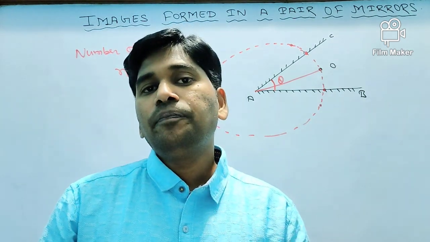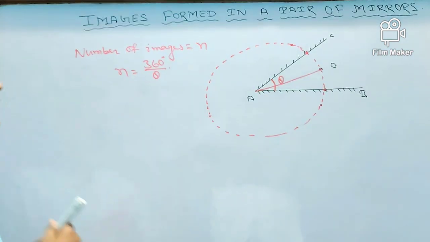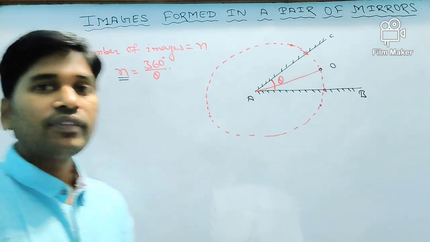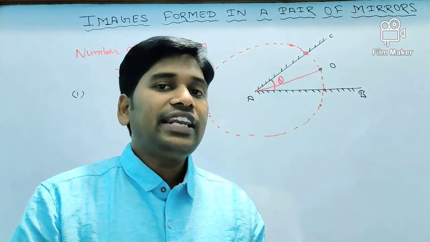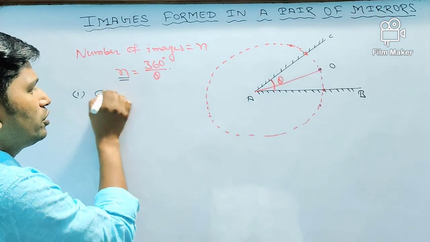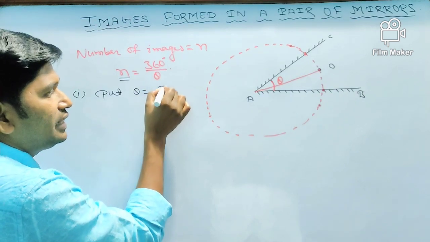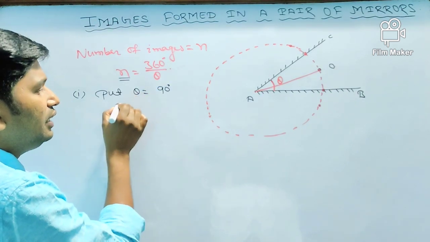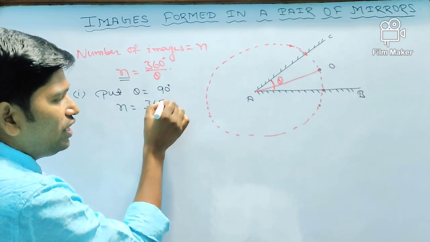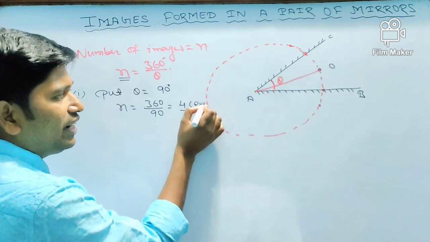Now children, there are two cases. In the first, if the value of theta is 90 degrees, then n is 360 by 90. On dividing we will get 4. So it is an even number.